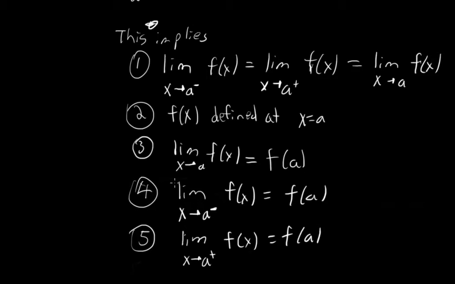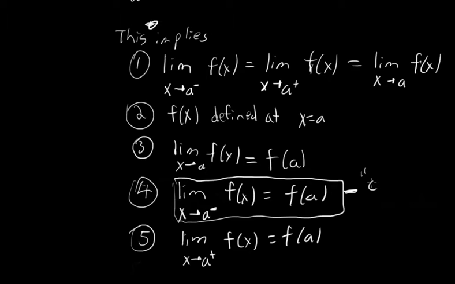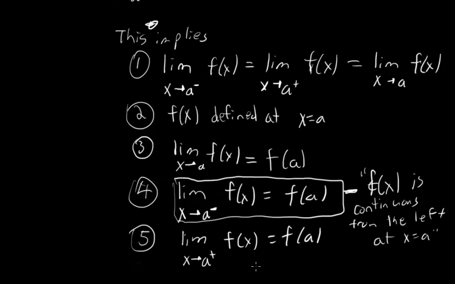And look at statement 4 here. The limit as x approaches a from the left of f of x equals f of a. Well, this is the definition of left continuity. This is the same thing as saying that f of x is continuous from the left at x equals a.